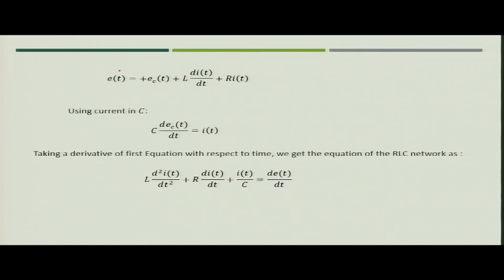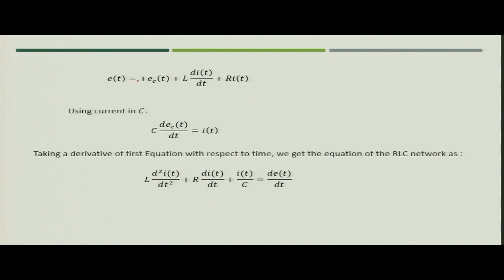Now, the value of applied voltage E you can write as EC, that is the voltage across the capacitance, plus L di by dt plus R I. We also know that the current flowing through the circuit is I equal to C dEc by dt.